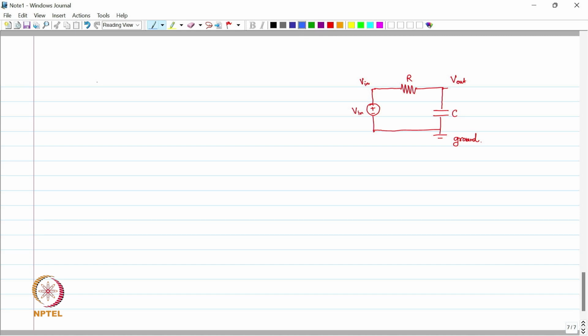Now we can write KCL, Kirchhoff's current law, at node out, which is this node.